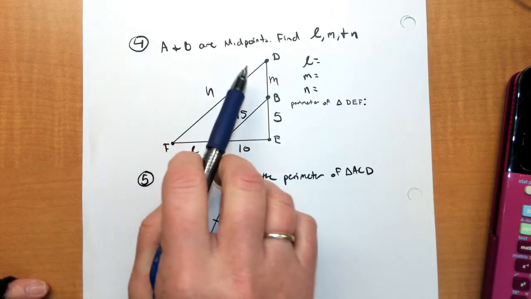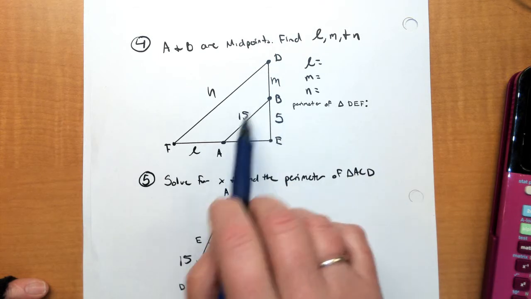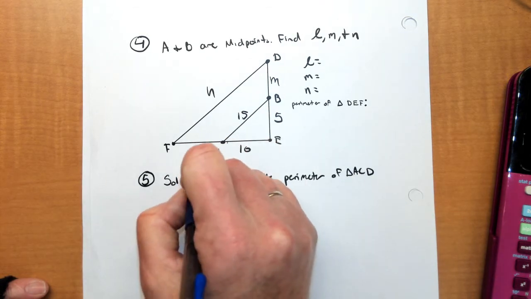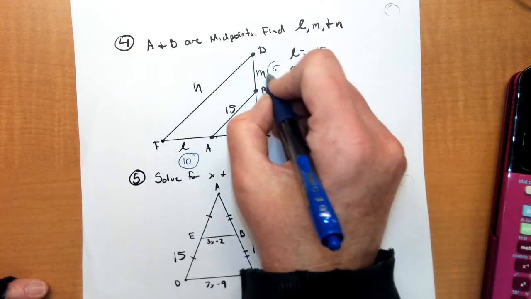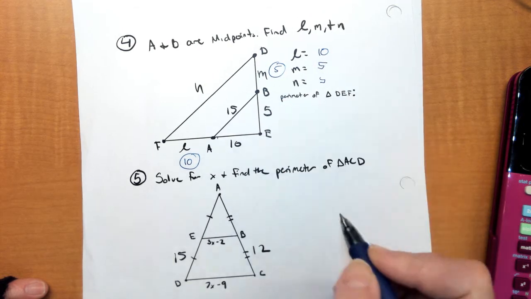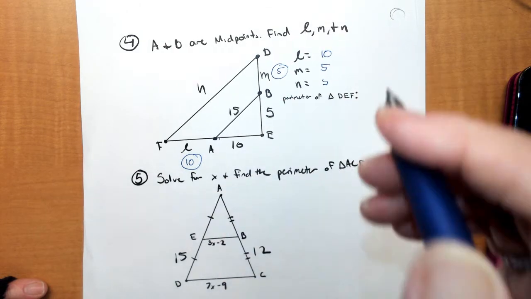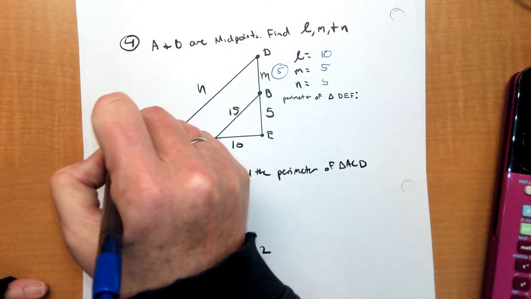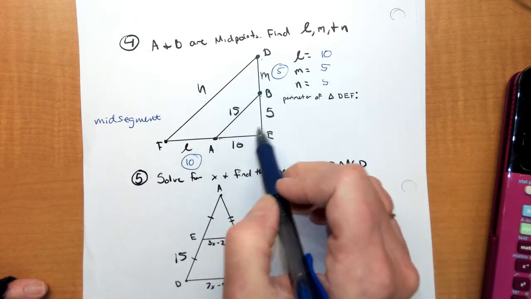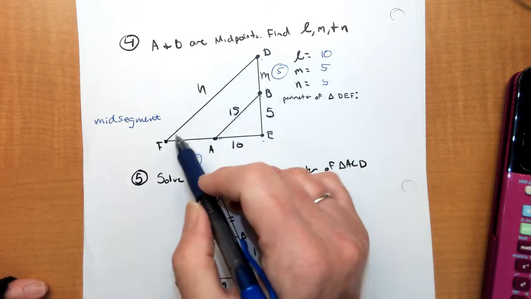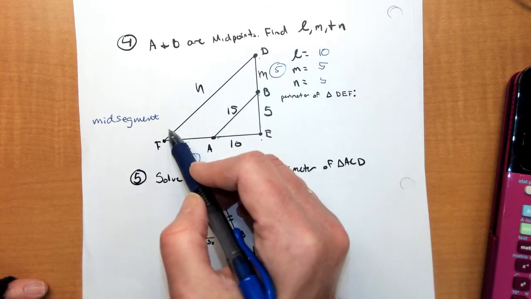So A and B are midpoints. Find L, M, and N. So if this is a midpoint and this is 10, so is this. The distance from L is 10. This is 5. M is 5. So then we're looking for N. Remember, this is called the mid-segment. The mid-segment bisects these two sides, and it's parallel to the third side, and it's also half the distance. So 15 is half of this.